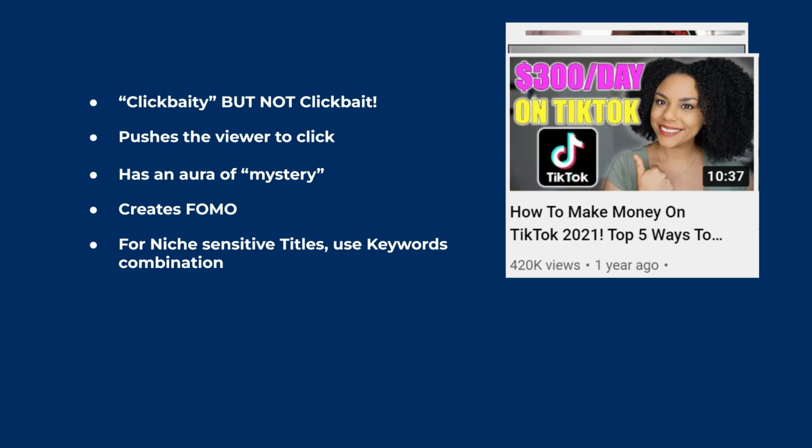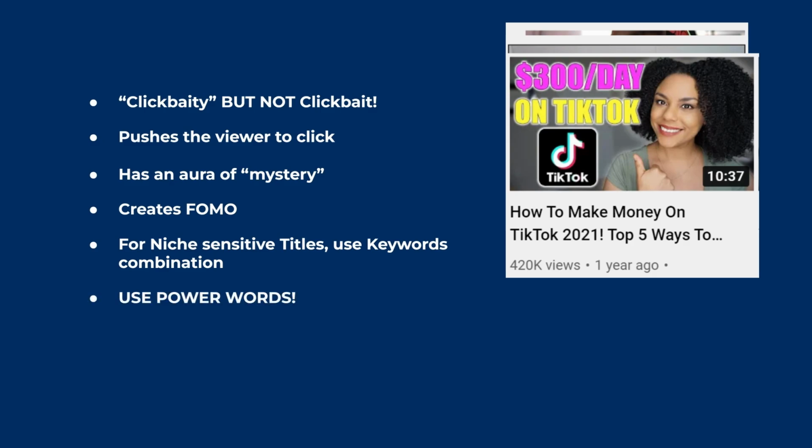Here the creator uses a combination of "How to make money on TikTok 2021, top 5 ways to make $300 a day on TikTok." This is a great way to put several keywords together in one title, and it gives viewers a clear objective of what this video is about.